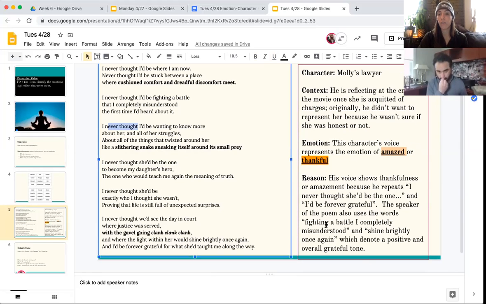The speaker of the poem also uses the words fighting a battle I completely misunderstood and shine brightly once again, which denote a positive and overall grateful tone. His attitude towards the situation, towards the other characters, is that he feels thankful, he feels amazed, he's overall in a positive state of mind.